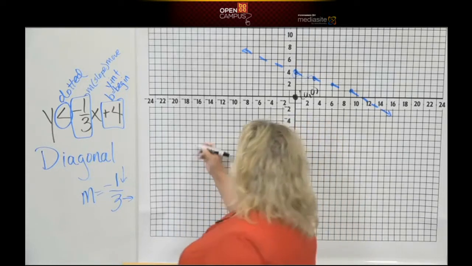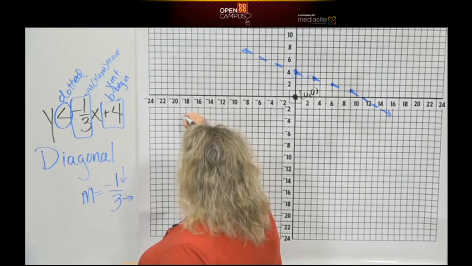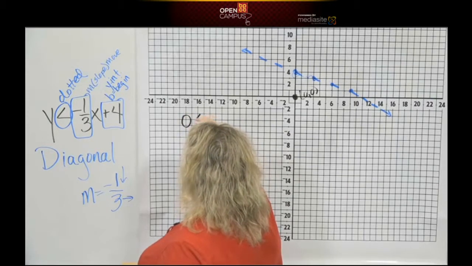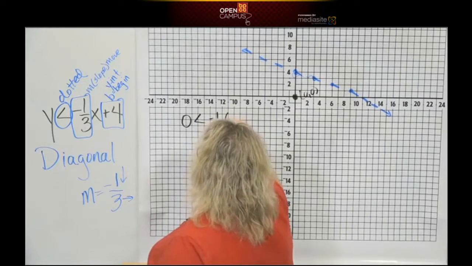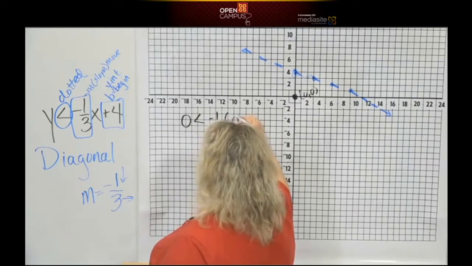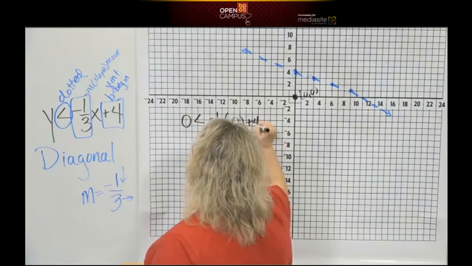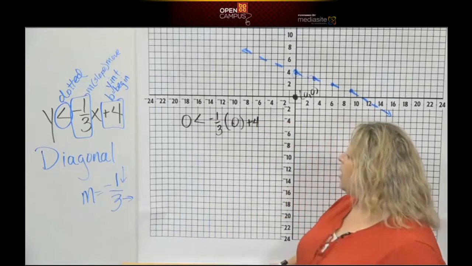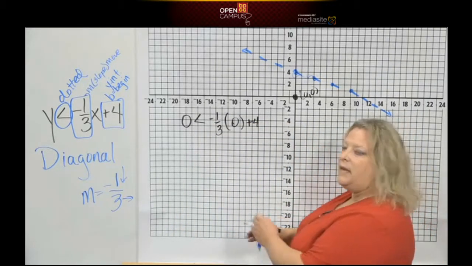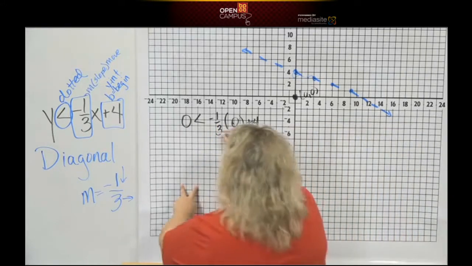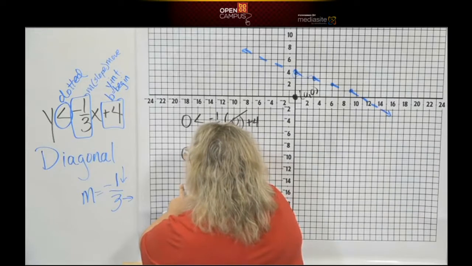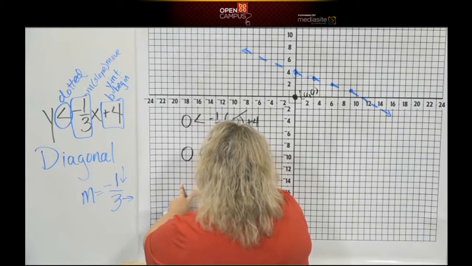So let's do that. If I substitute this in, that would be 0 is less than negative 1/3 times 0 plus 4. Okay? So when I work this out, any number times 0 is 0. So I can cross this off, and that's 0 less than 4.